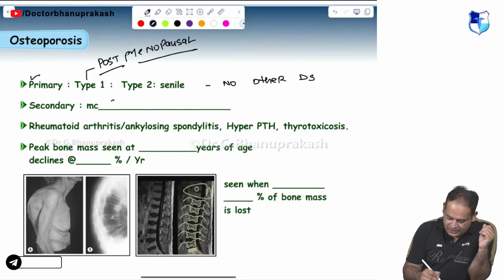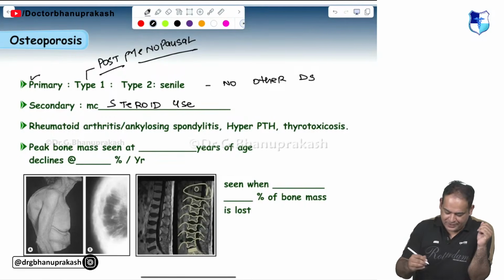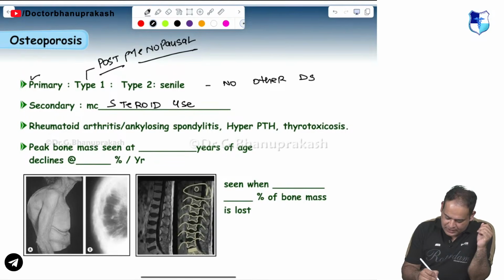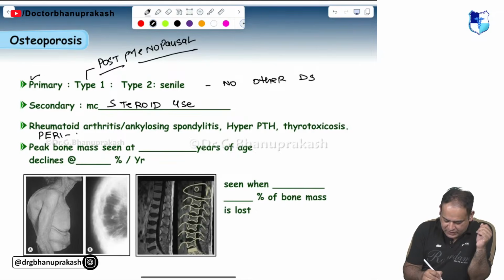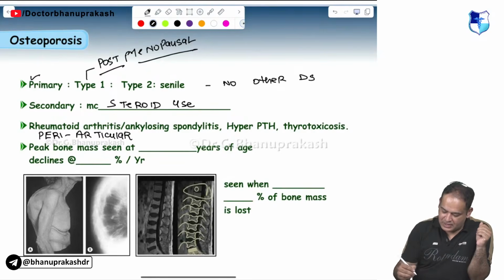Now, secondary osteoporosis most commonly occurs with steroid use. It also occurs with rheumatoid arthritis, where it is periarticular, that means around the joints. Ankylosing spondylitis, hyperparathyroidism, and thyrotoxicosis.